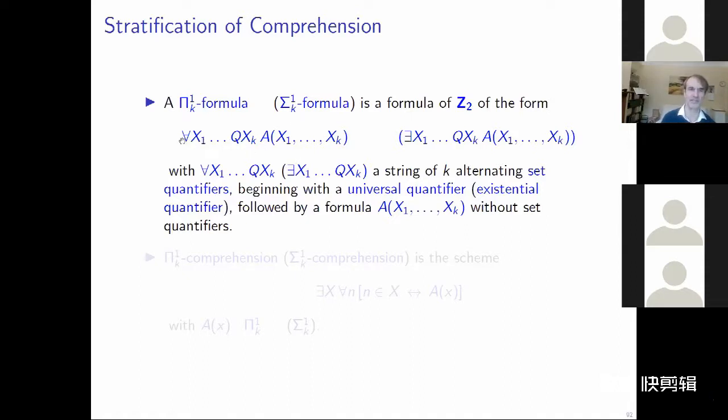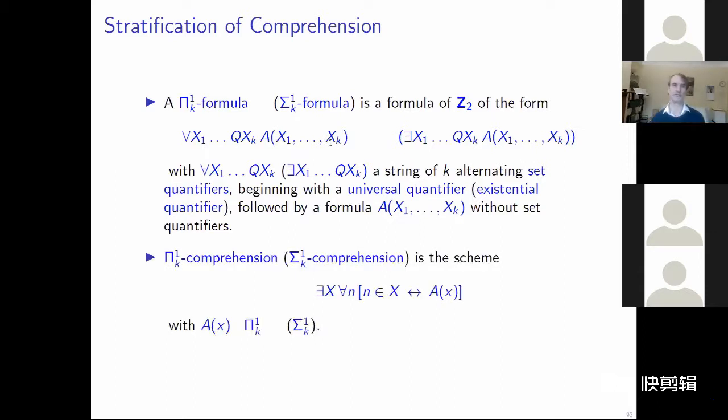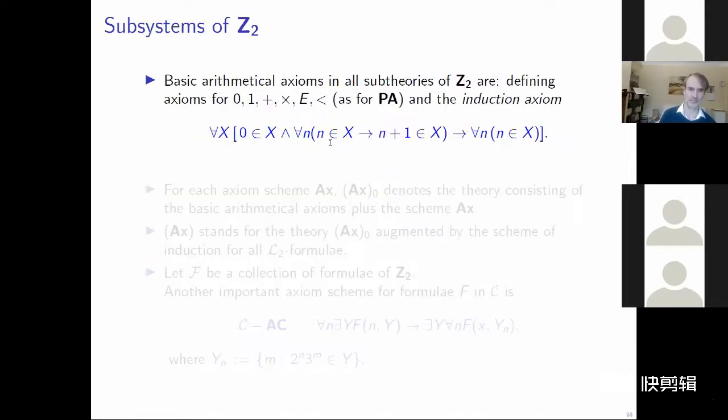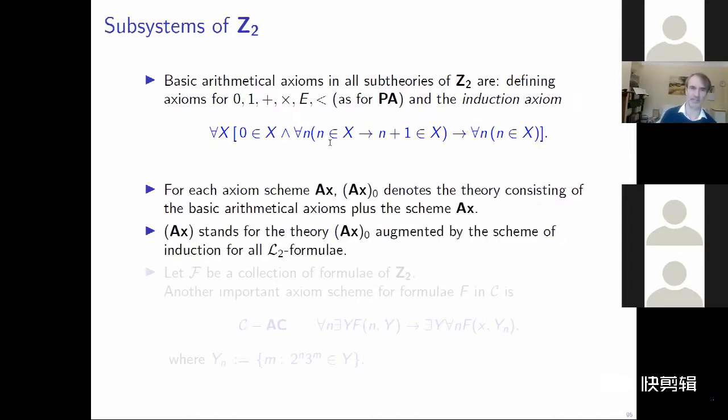Okay, so Pi 1 k means you have k many alternating set quantifiers, starting with a universal one, and then followed by a formula which is purely arithmetic, meaning there are only number quantifiers involved in this matrix here. Okay. And then this kind of comprehension can be stratified using this complexity.